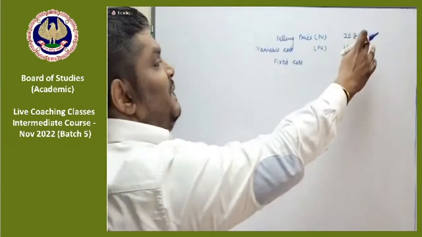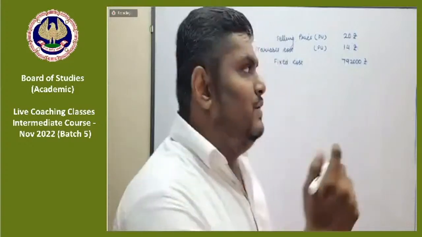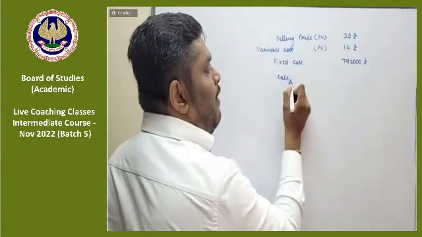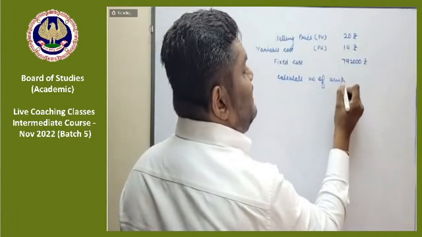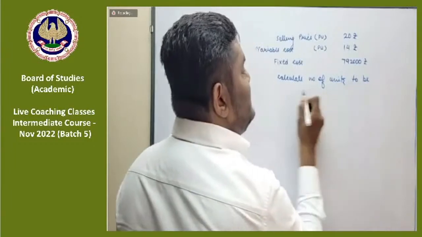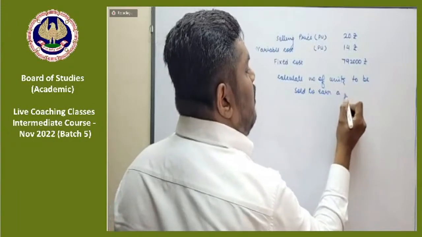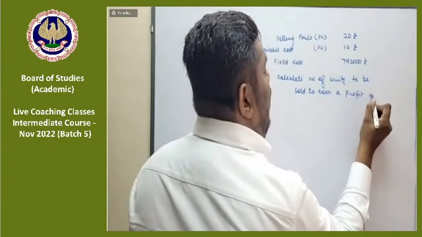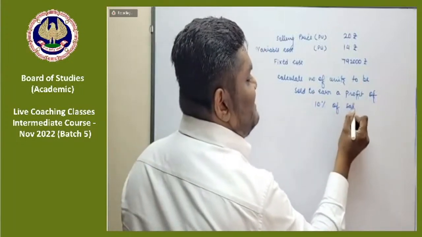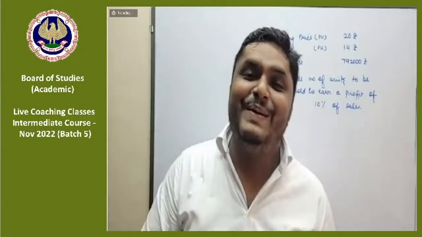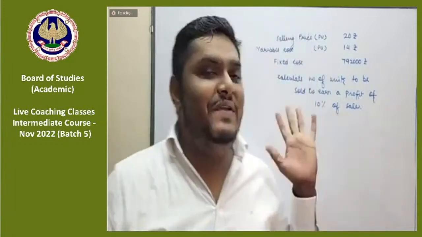So now selling price per unit is 20, variable cost per unit is 14, fixed cost 7,92,000. Now calculate the number of units to be sold to earn a profit of 10% of sales. Calculate the number of units to be sold to earn a profit of 10% on sales. So waiting for your answers, guys.